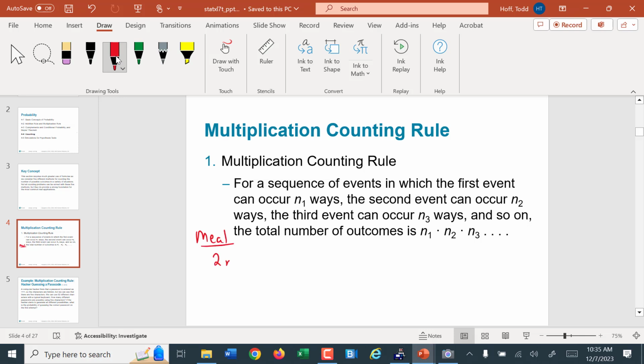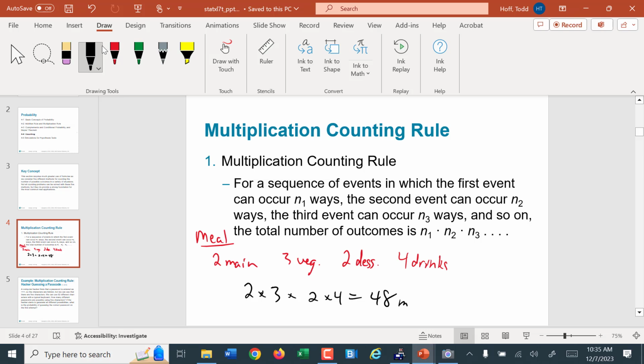Let's say you have 2 main dishes, 3 vegetables, 2 desserts, and 4 drinks to choose from. Your options for meals would be 2 times 3 times 2 times 4, giving you 48 different meals that you could choose from. That is the basis of the multiplication rule.